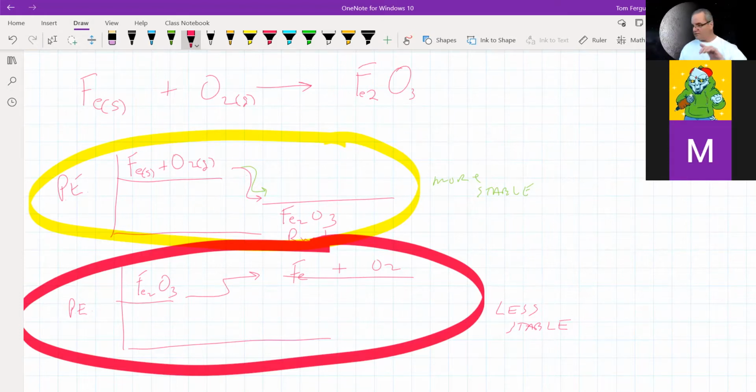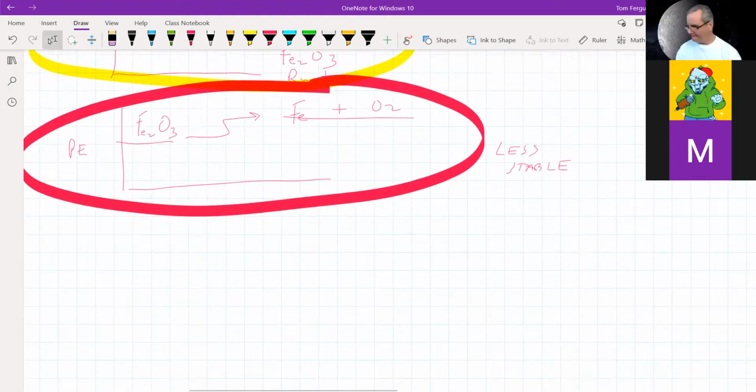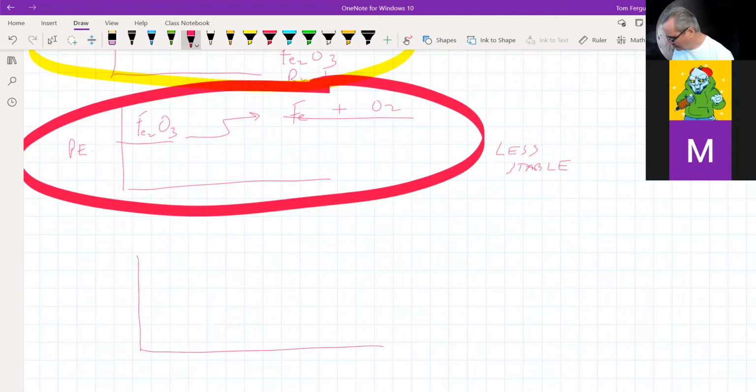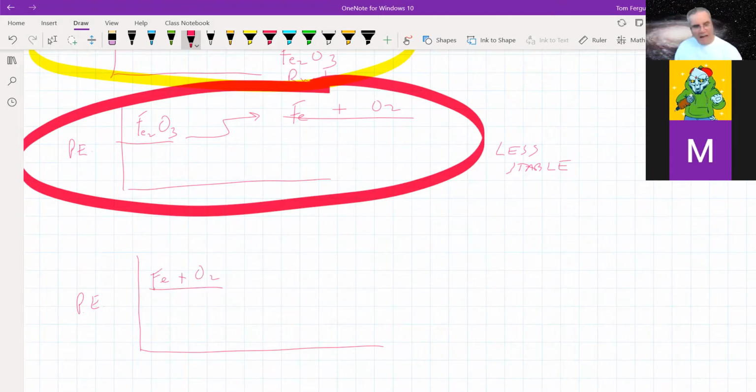In fact, let's just take this one step further. How can we prevent iron from turning to rust?